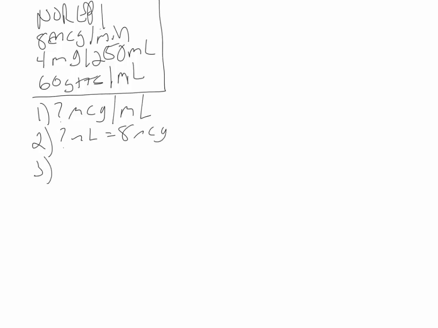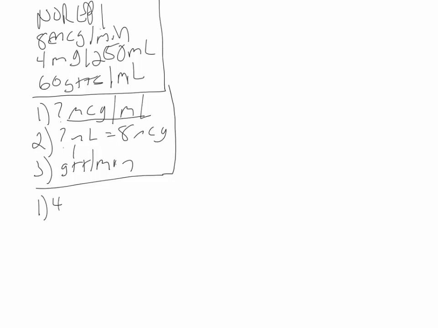And then number 3, how many drops per minute will this equal. And then eventually we'll break that down into a time that's easier to actually use, to apply the drip rate.